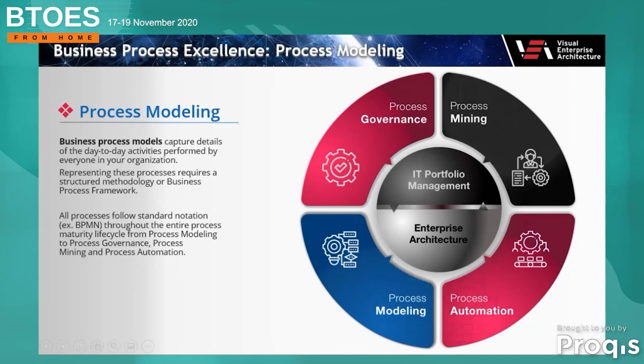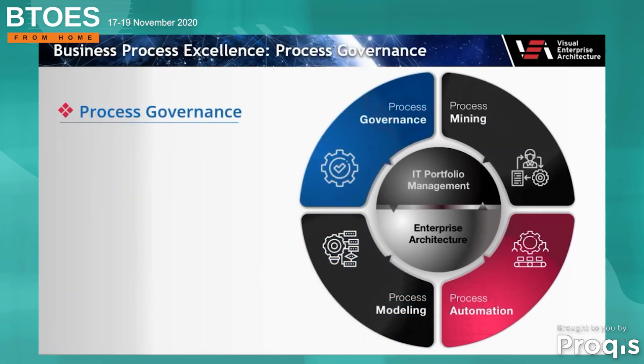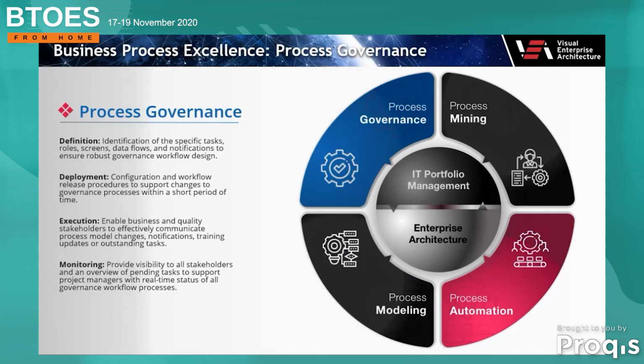Process governance is the practice of managing all the processes that you've captured during your process modeling activities. Process governance serves a series of different requirements within the organization, but effectively using process governance to drive process ownership and ensure that stakeholders participate in all of your activities.